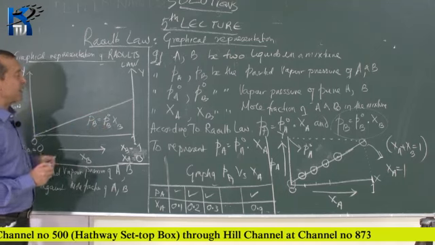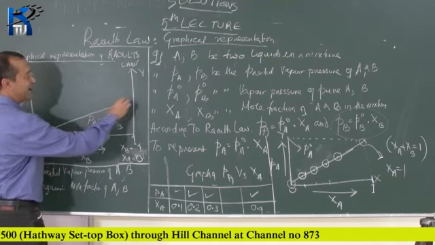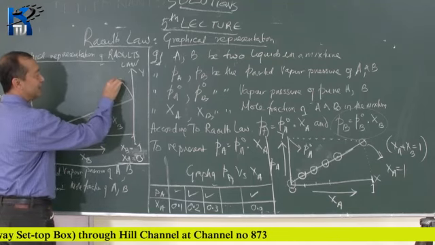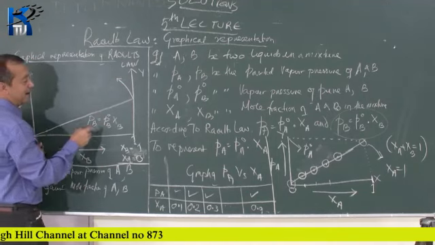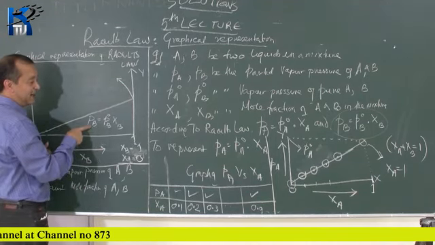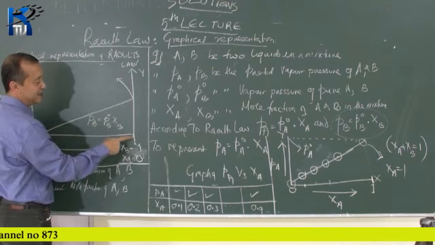In this graph, another thing you should know is what this point here represents. This represents PB when XB is equal to 1.